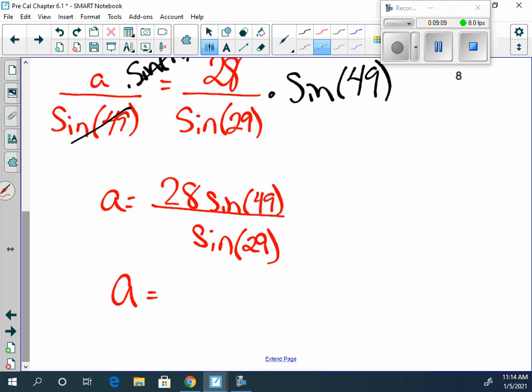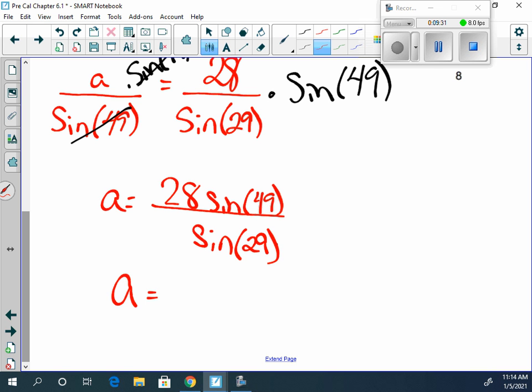Degrees. Yep, so you need to make sure, because most of this chapter we're going to be sticking in degrees, not radians. So menu, or mode for the graphing calculator.